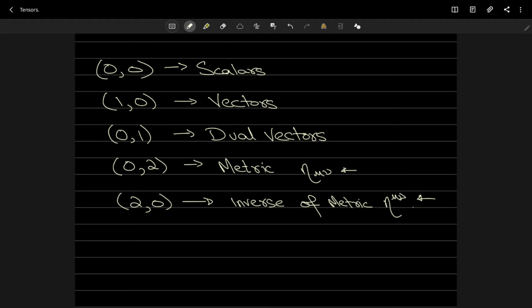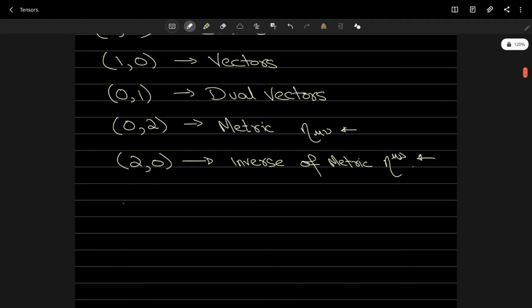Now, in general, we could have mixed indices, mu nu. I wouldn't say mixed tensor, let's just say mixed indices for now.